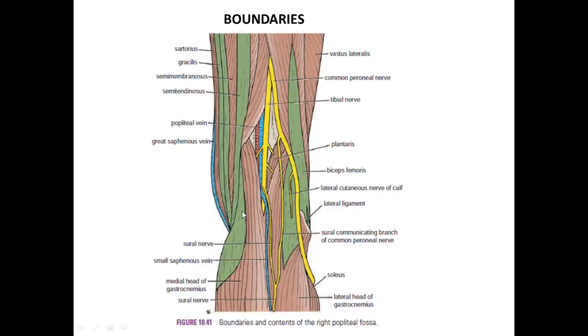The inferomedial border is formed by the medial head of the gastrocnemius, and inferolaterally it is bounded by the lateral head of the gastrocnemius. So this hollow you see is the popliteal fossa. Again, the boundaries are superomedially the semimembranosus and the semitendinosus, superolaterally the biceps femoris, inferomedially the medial head of the gastrocnemius, and inferolaterally the lateral head of the gastrocnemius.